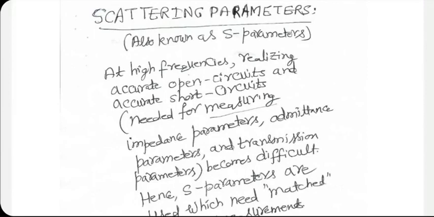And when I say high, I'm almost telling you that once you move beyond 1 or 2 megahertz, Z parameters, Y parameters, ABCD parameters all start having unrealistic implications. You don't capture reality. So after 1 or 2 megahertz, it is highly recommended that you try using S parameters.